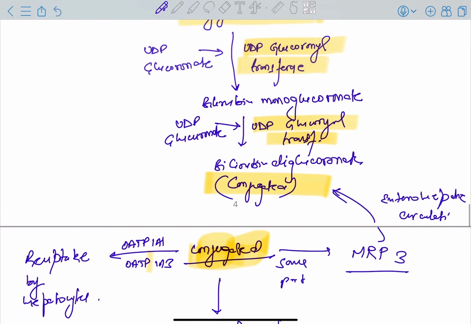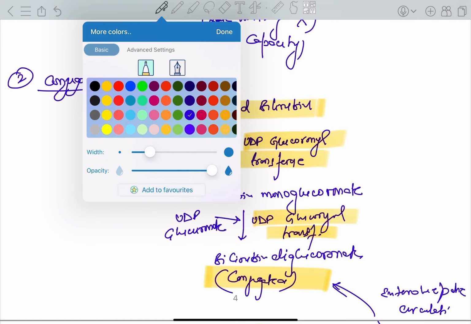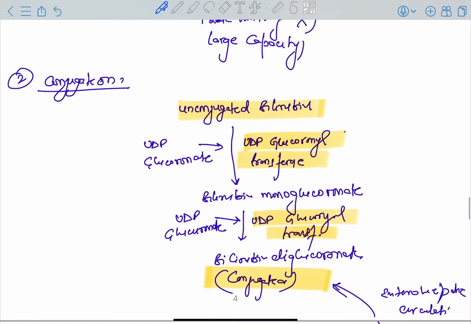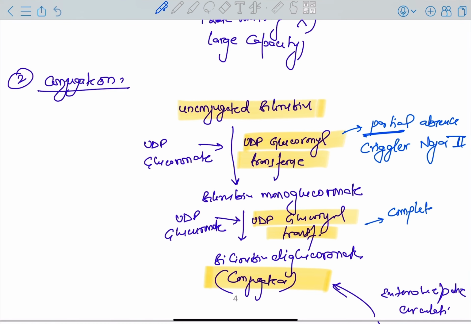Now, some disorders related to it. Now, this enzyme UDP glucuronide transferase, if we have the partial absence, then it occurs the Crigler-Najjar syndrome 2. And if we have the complete absence, completely it is absent, then occurs Crigler-Najjar 1.